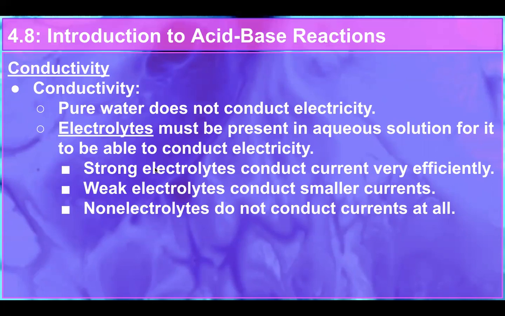Something that would be considered a strong electrolyte, something we would put into water which would not normally conduct electricity, would, when added to the water, conduct electricity very efficiently.